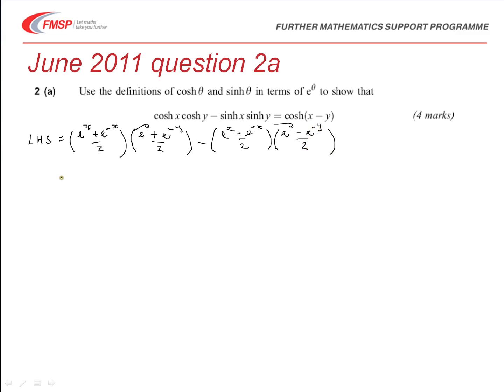Well, we can see everything will be over 4, so we can take the quarter out the front.